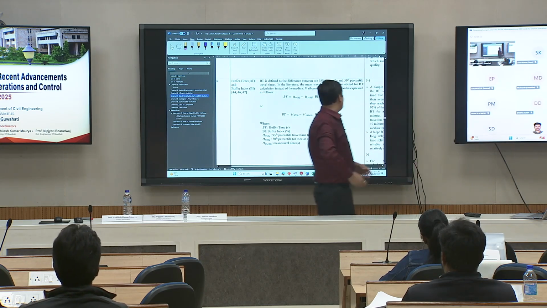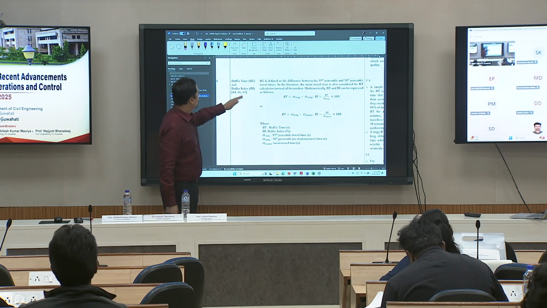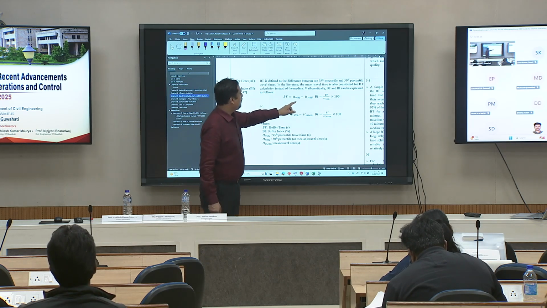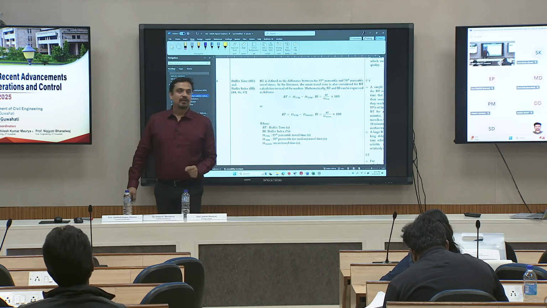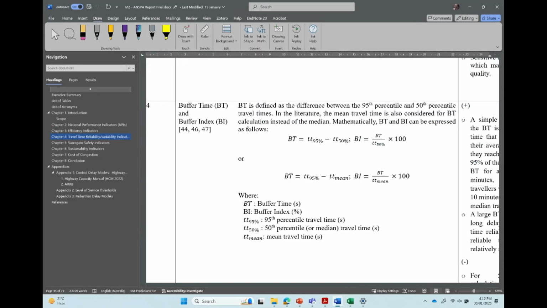Buffer time index. This is an interesting index, BT or BTI. BT is the 95th percentile minus the 50th percentile. So it tells you that if you want to be 95% confident of reaching on time, that's the extra time you have to consider on average.